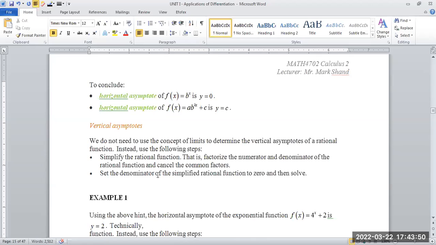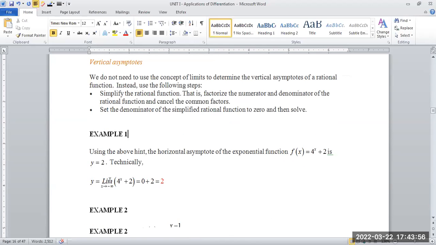For the vertical asymptote, we are simply simplifying the rational function, then setting the denominator equal to 0. So here now, you understand why I'm finding the limit as x tends to infinity, because we're talking about the horizontal asymptote.